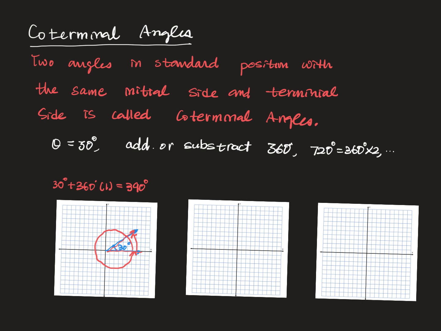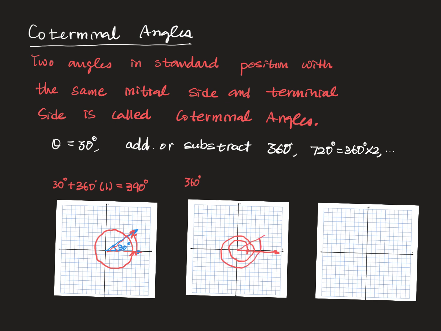So after one revolution, we got 390, and this one is coterminal to 30. Another one: you're going to do two revolutions. Here is the starting point. One revolution is 360, and another revolution is one more time, then go to the 30.